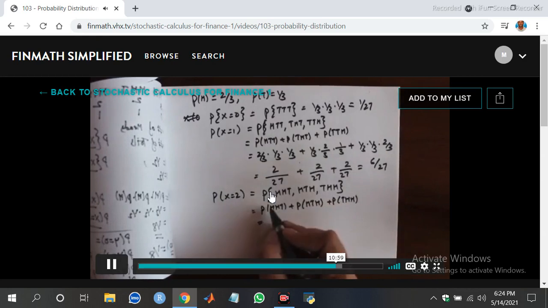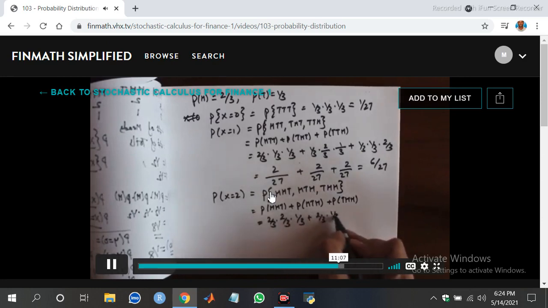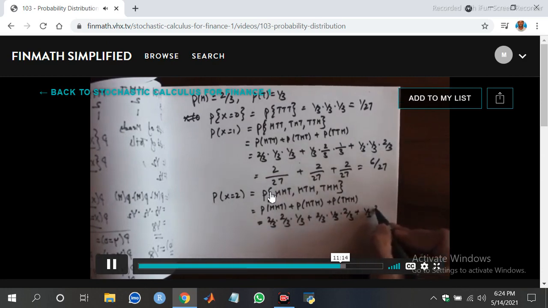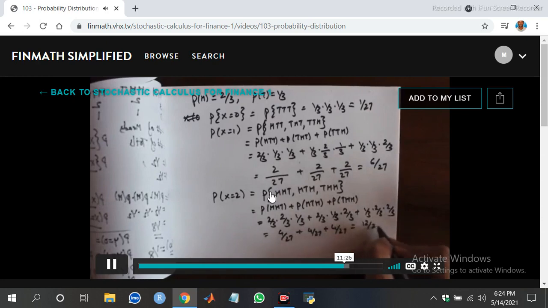And this would be, head probability is 2 by 3 times 2 by 3 times 1 by 3, plus 2 by 3 times 1 by 3 times 2 by 3, plus tail is 1 by 3 times 2 by 3 times 2 by 3. This is 4 by 27 plus 4 by 27 plus 4 by 27 equals 12 by 27.